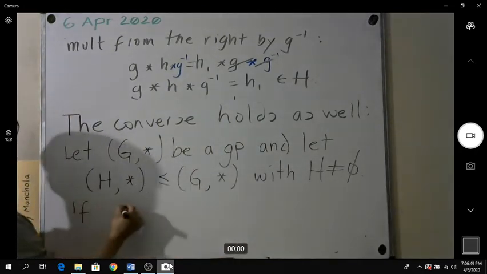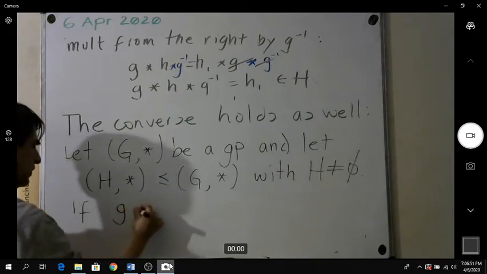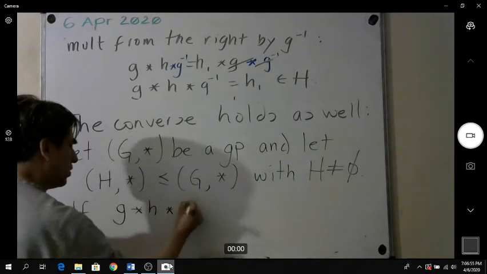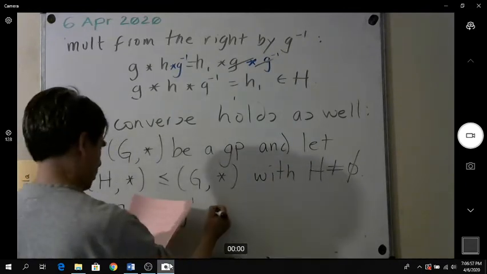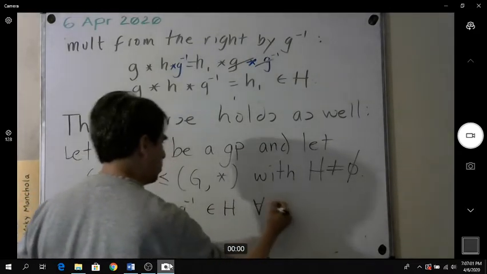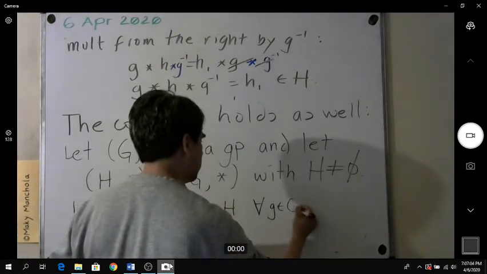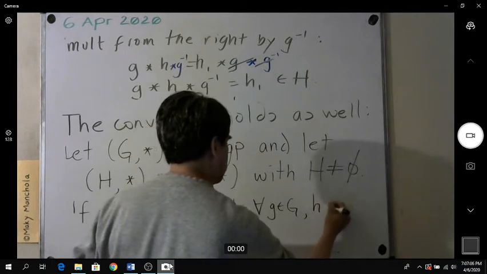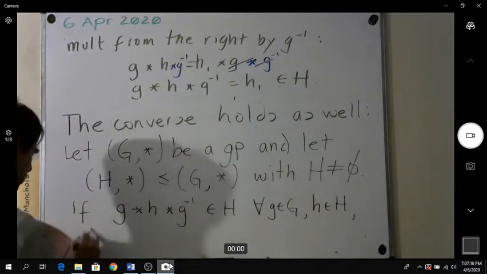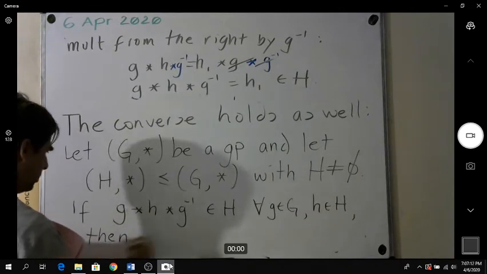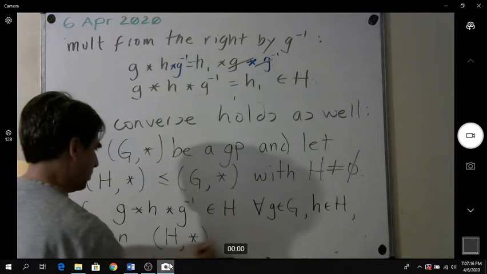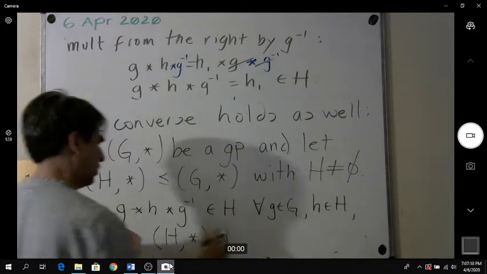If lower G star lower H star G inverse belongs to H for all lower G in the group G, all lower H in the subgroup H, then H is a normal subgroup of G.